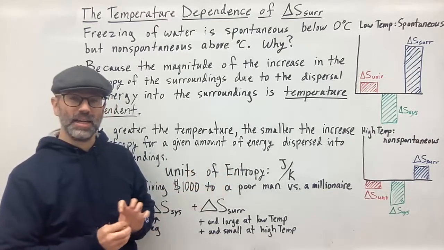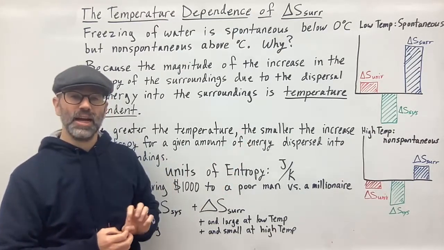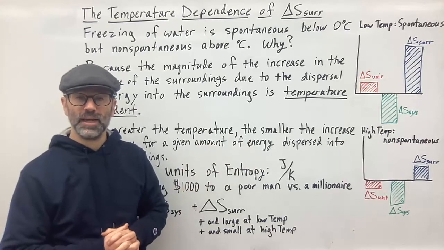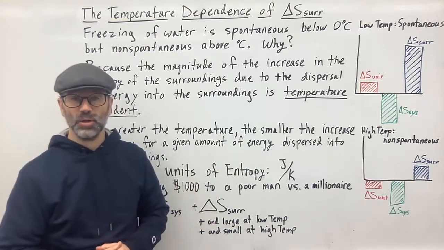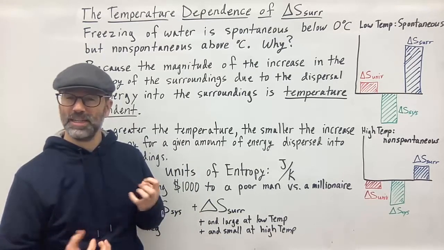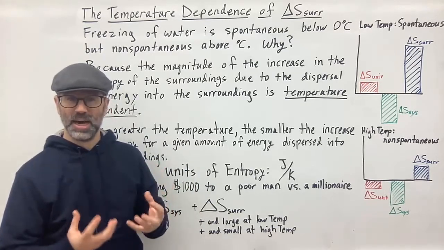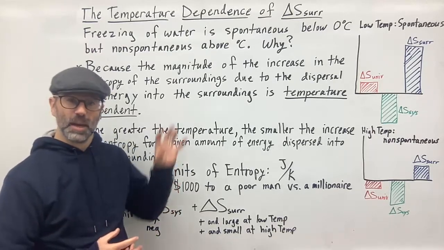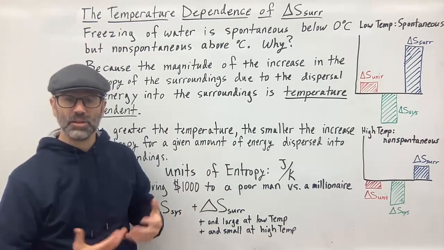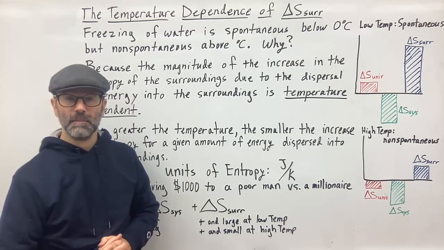If you're adding the same amount of heat, it's going to have more of an effect on the entropy of the surroundings at the lower temperature. So hopefully that analogy helps to clarify the effect of temperature on the increase in the entropy of the surroundings.